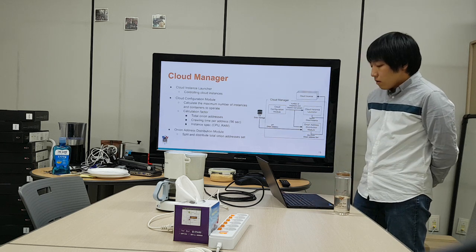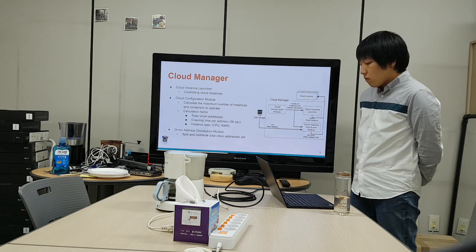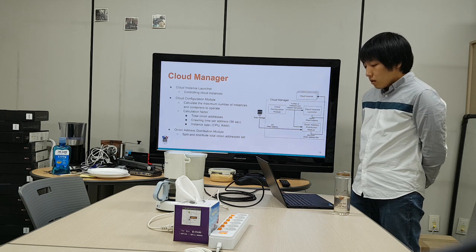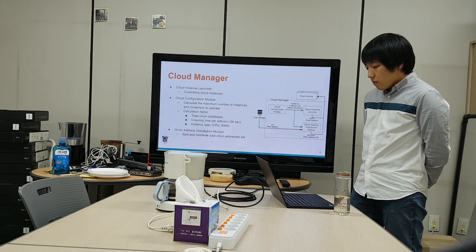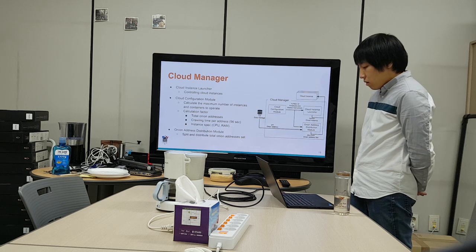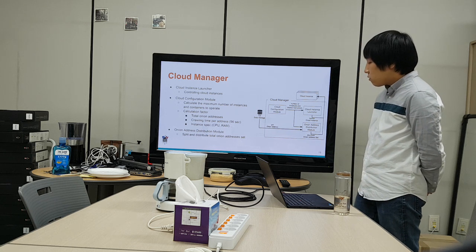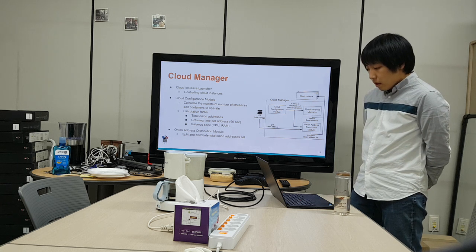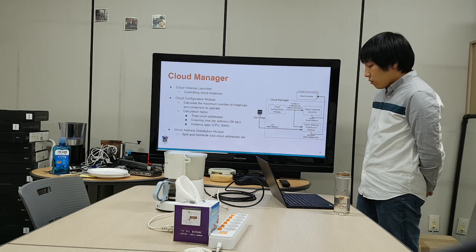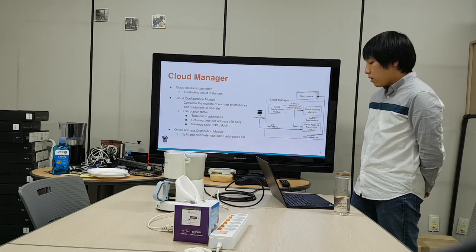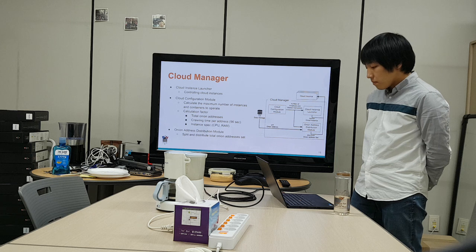Cloud Manager controls the number of instances and containers, and manages the execution of instances through the Cloud Instance Launcher. The Cloud Configuration module calculates the maximum number of instances and number of containers.